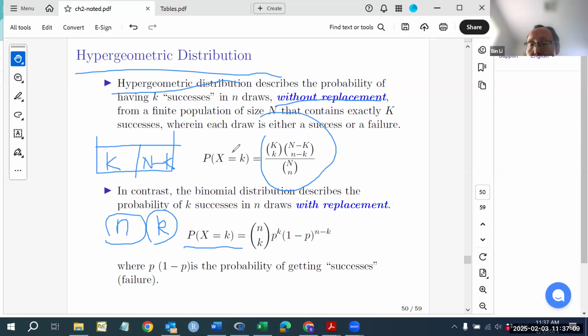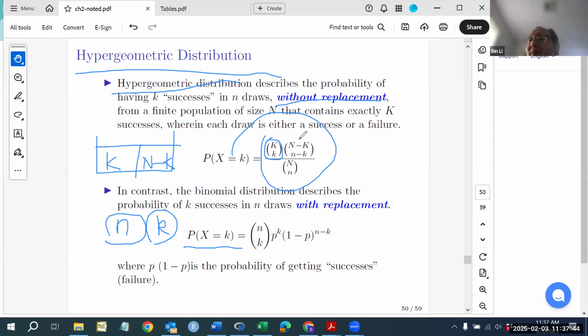It is this one. Okay, let's see what is the numerator? The numerator is if we have K red balls or K successes, right? From here. So the numerator tells us how many ways of having k successes out of the capital K, right? Because capital K is the total number of successes or total number of red balls. So that's describing the number of ways we can draw k successes out of capital K. And what is the other one?